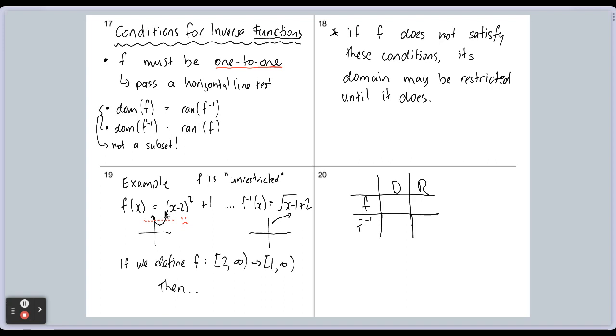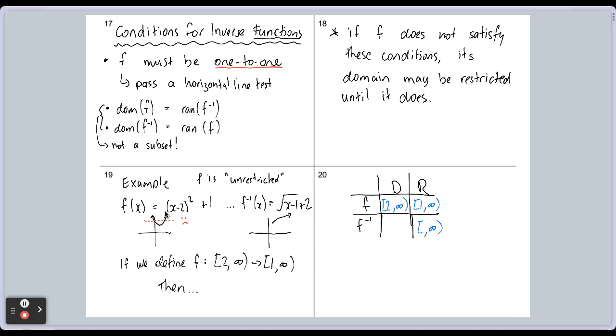So I can say that the domain of f is 2 to infinity. I can say the range is 1 to infinity. And then the range of the inverse needs to be 2 to infinity as well. It needs to be the same.